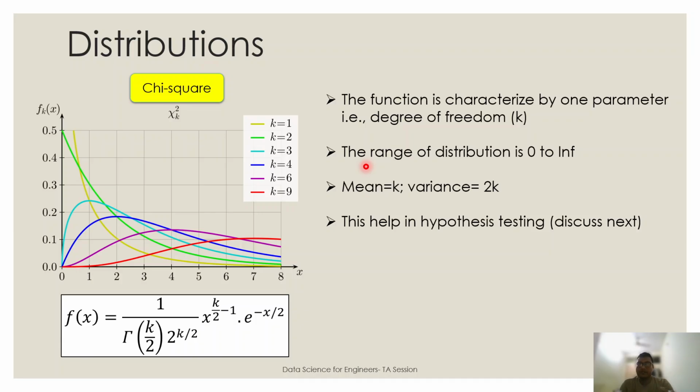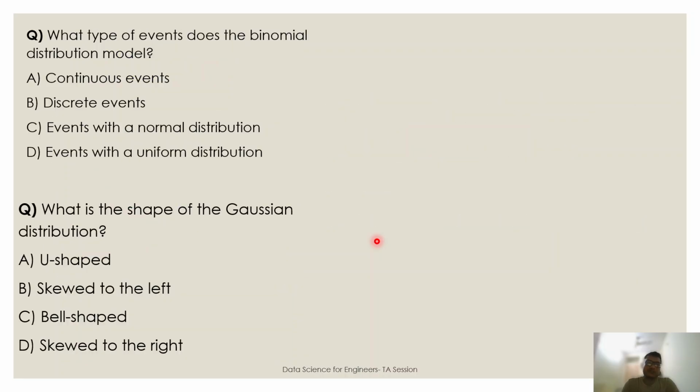There are different kinds of distributions: the data generated in the environment, if you perform an experiment, take a sample, or take suggestions from people about whom they are going to vote, when you combine that data, it comes from some kind of distribution. One of them is the chi-square distribution. This helps us in hypothesis testing. We will see in depth how this is done. So this is one additional distribution.